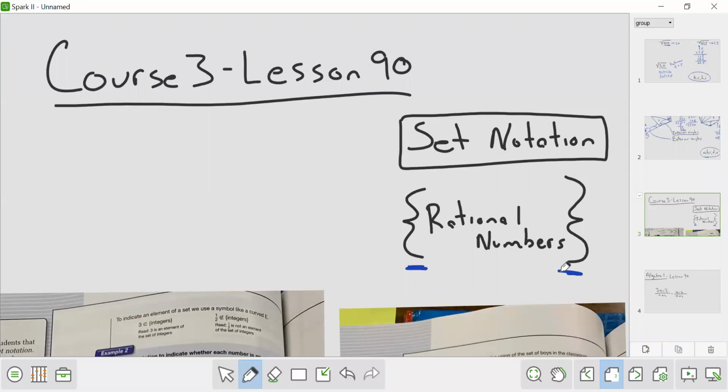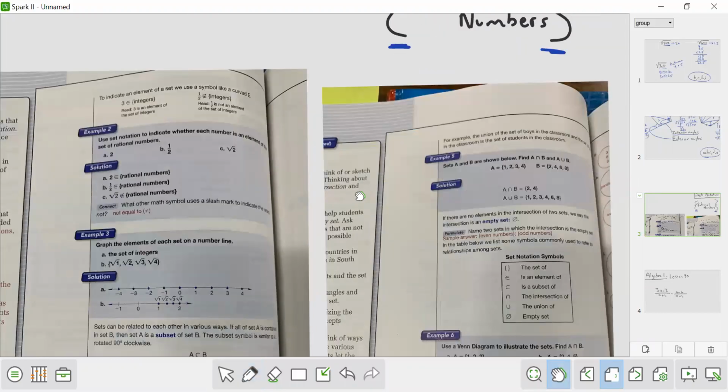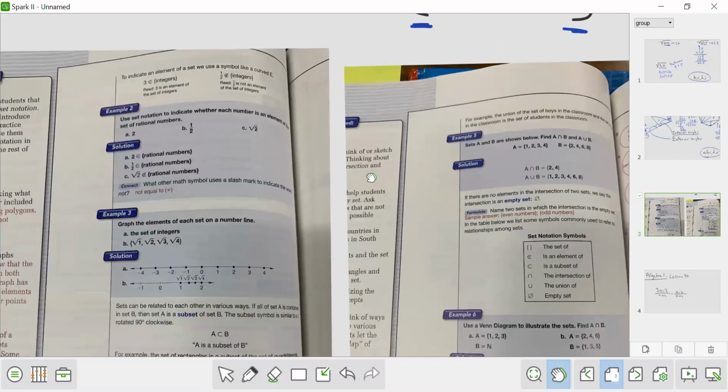Okay? And I'm just going to go through the book, the examples of what they're talking about here so that we can see what's going on. You have these weird symbols. You have a symbol that looks like an E, and you can see it right here where you use that to say that this number is a part of the set.